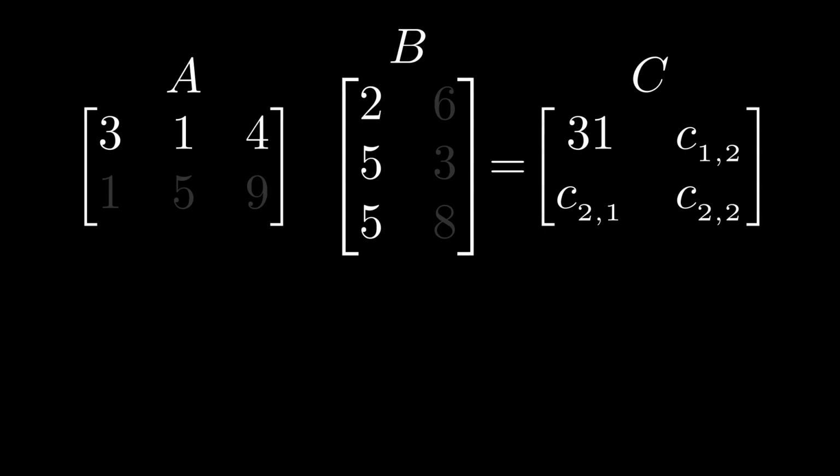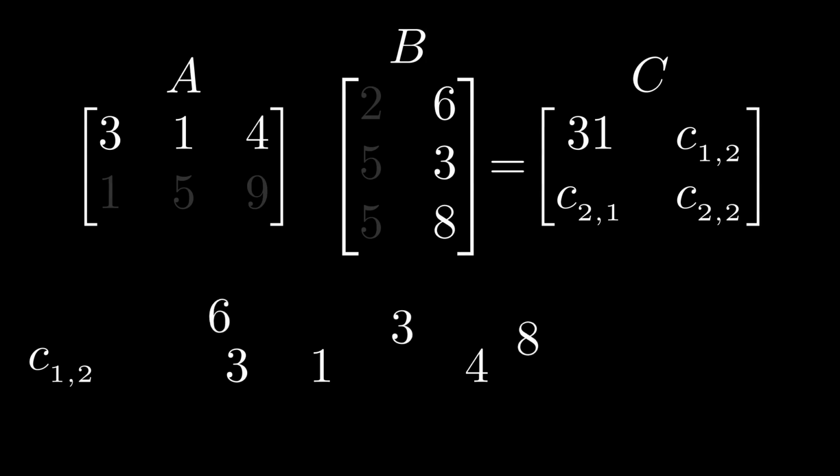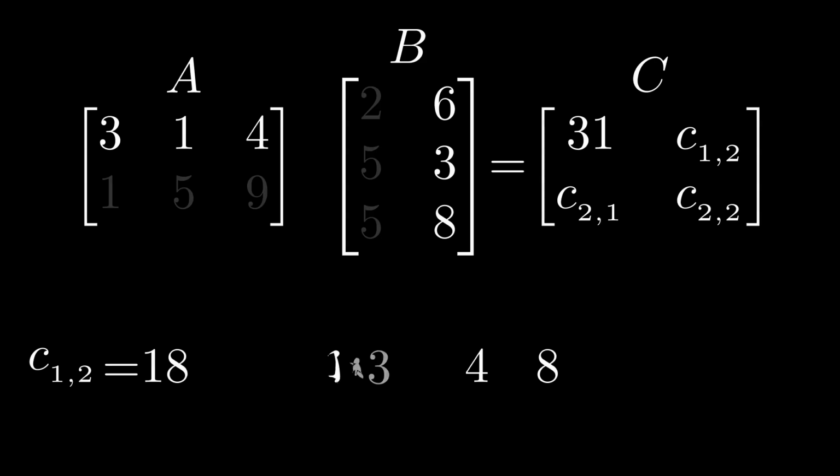Let's calculate C1,2 together. We're still in the first row, so we grab the 3, 1, and 4 from A, but now we're in the second column, so we grab the 6, 3, and 8 from B. We then go element pair by element pair, so 3 times 6 is 18, 1 times 3 is 3, 4 times 8 is 32.